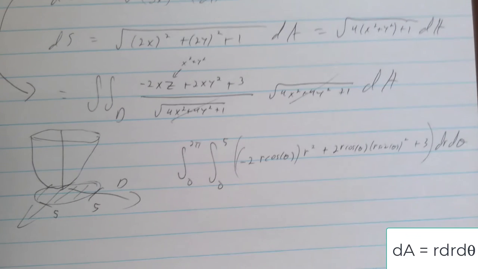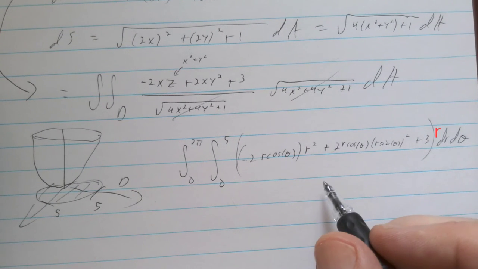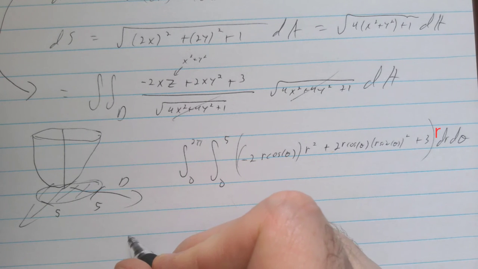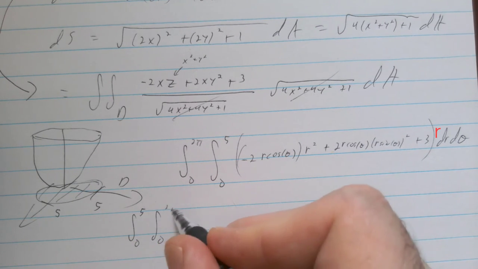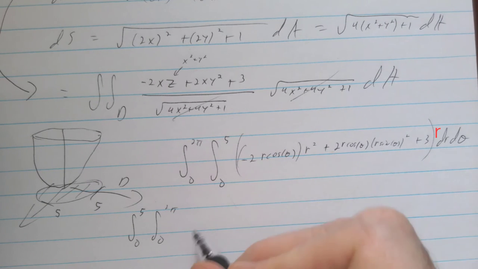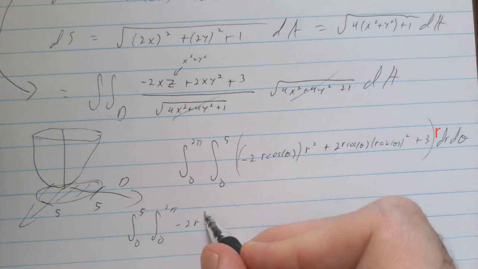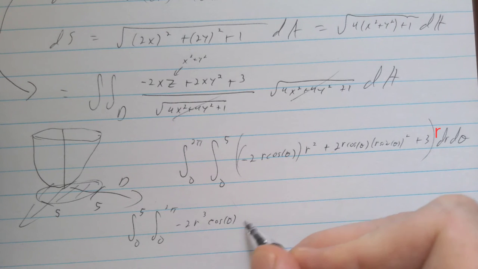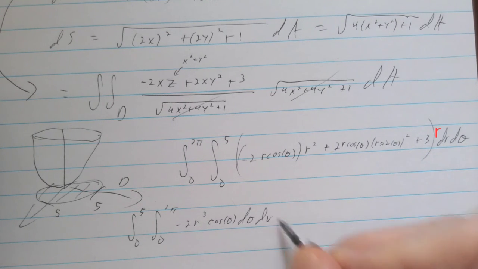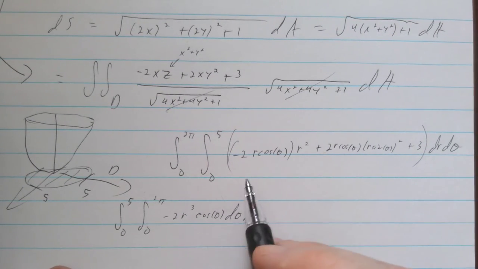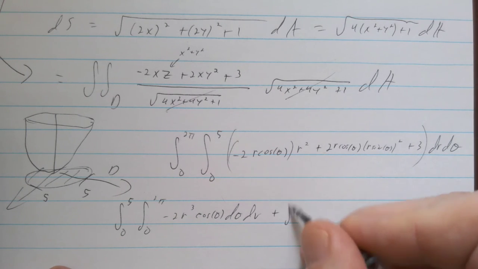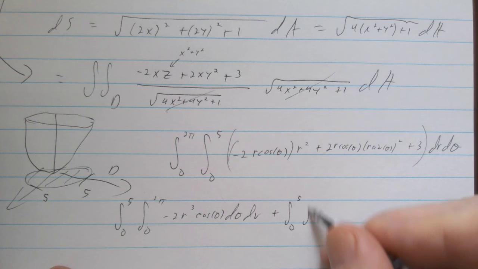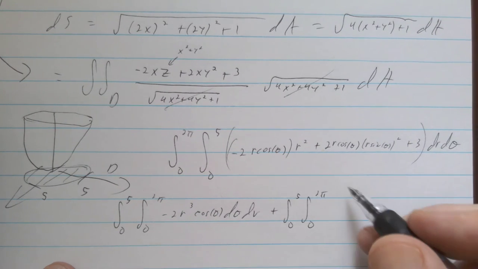So this is 3 integrals. I can do either order. I'll do r last. So we've got the integral from 0 to 2 pi of negative 2 r cubed cosine theta d theta, and then dr. That's the first one. And then we have to do this other one, 0 to 5, 0 to 2 pi.